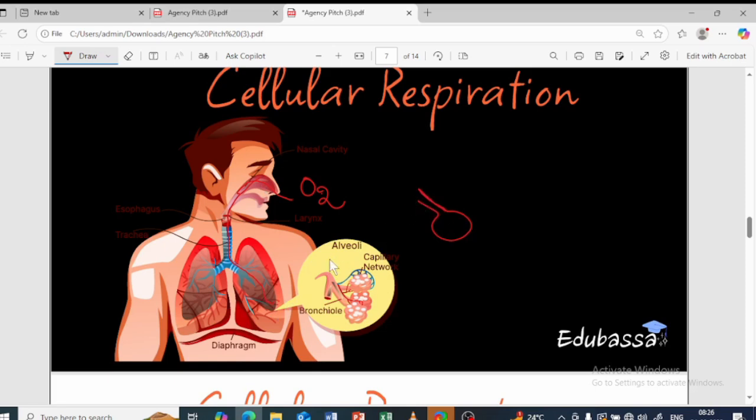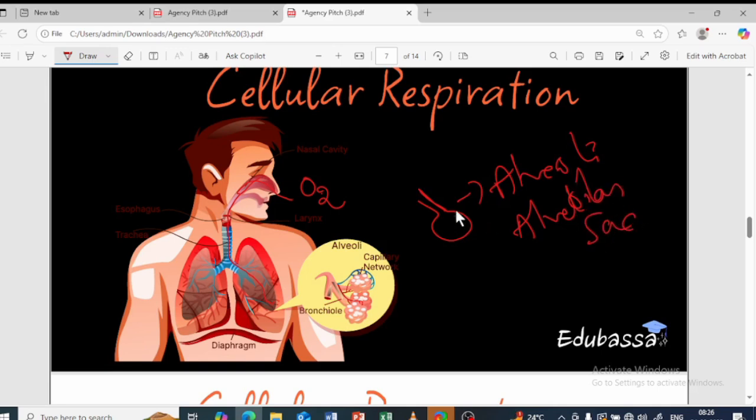The bronchioles terminate like this, which is called alveoli, or alveolar sac basically. Now what happens after it enters here? It is connected with the blood vessel. Now this oxygen is taken up by the blood. Then this reaches the different parts of the body called cells.